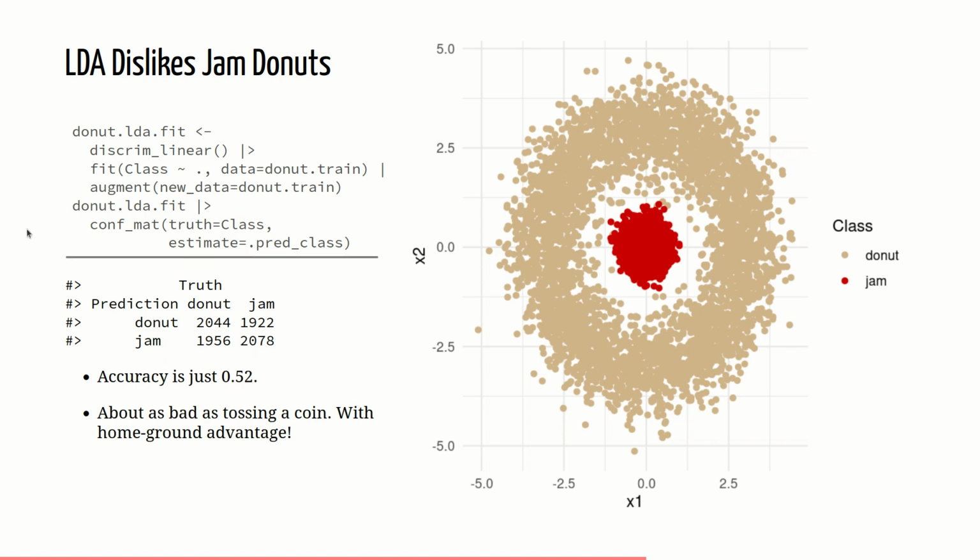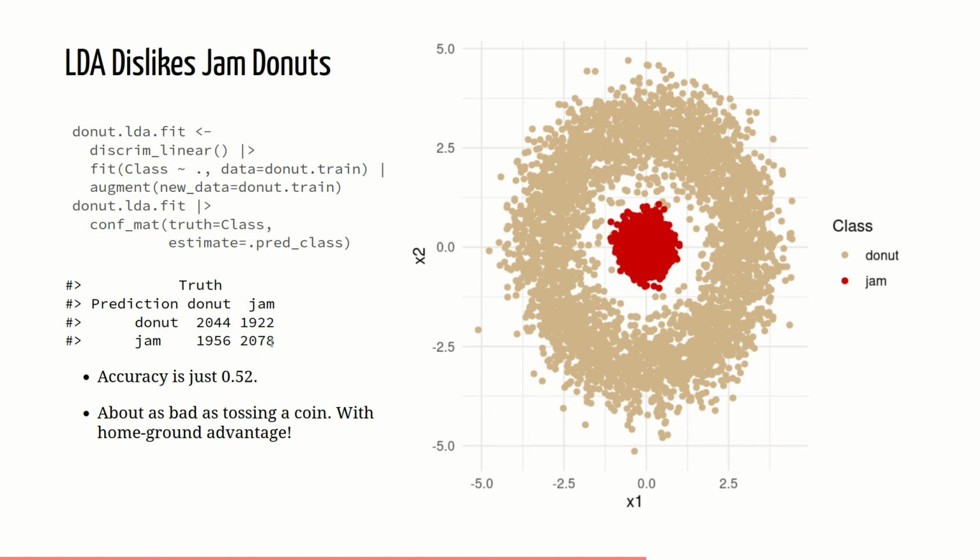Okay, so sure enough, when we look at the confusion matrix on the training data, so this is home ground advantage, right? So we would expect it to do better than it would in practice on independent test data. You can see that it basically has no idea, right? So of the roughly 4,000 donuts, in fact, exactly 4,000 donuts, just over 2,000 of them it got right, and almost 2,000 of them it got wrong.